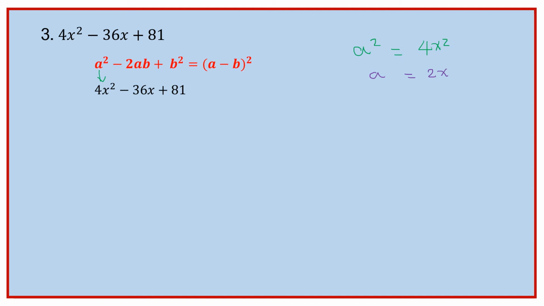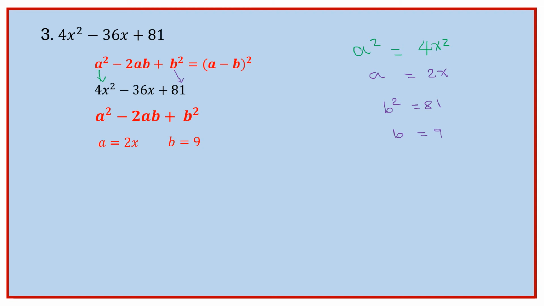Then we can see that b squared is 81. So since b squared equals 81, then b will be 9, such that 9 squared will be 81. So a is 2x and b is 9.